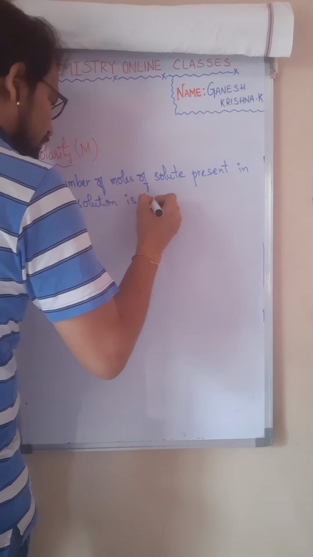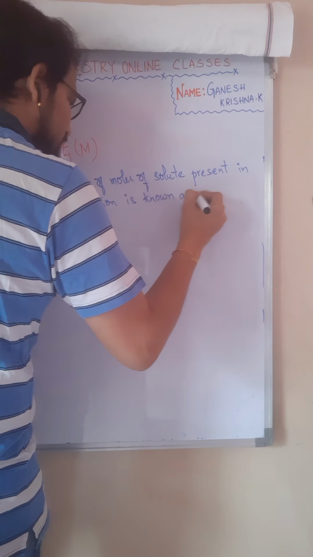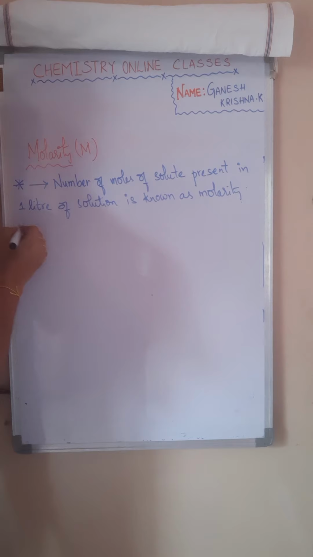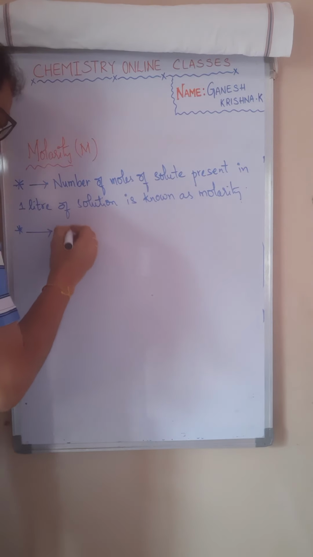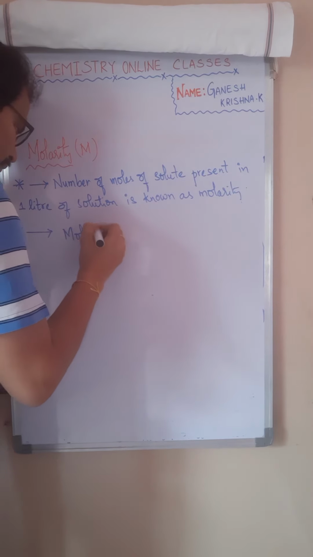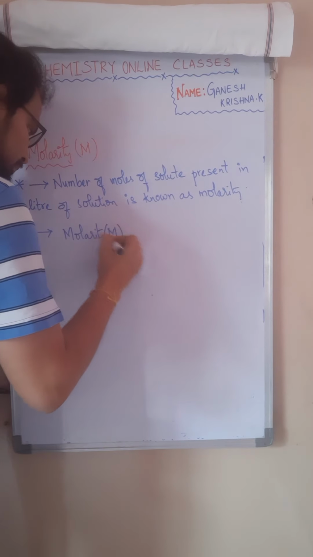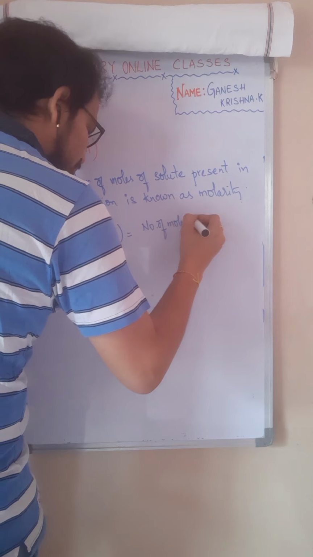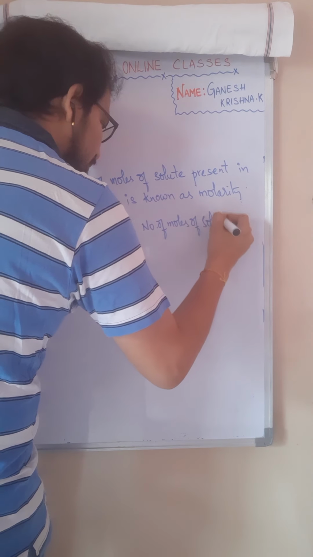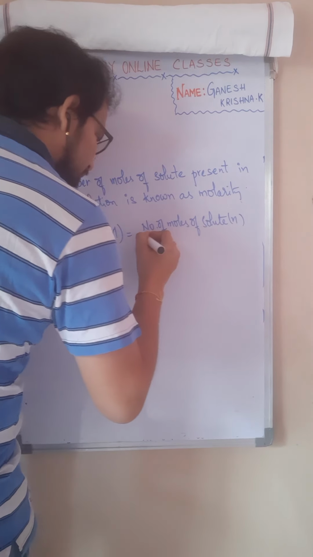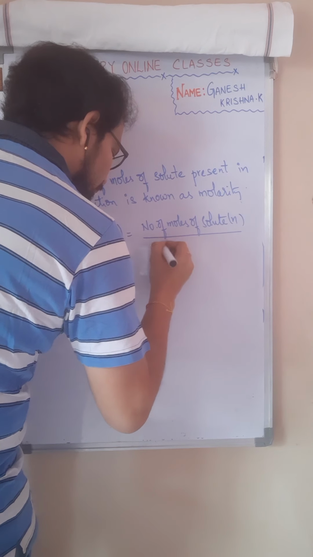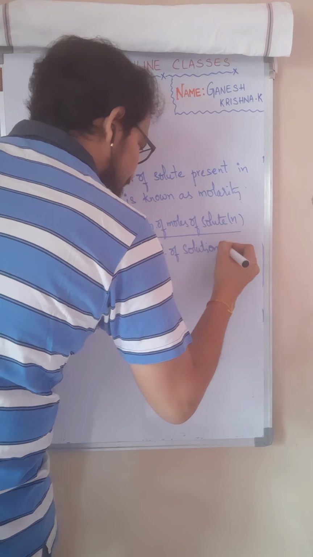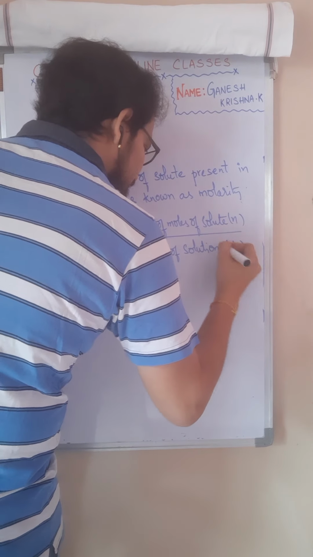It is known as molarity. And what is the mathematical expression for finding the molarity? Molarity, represented by capital M, is given as the number of moles of solute, represented by small n, by the volume of solution measured in liters.